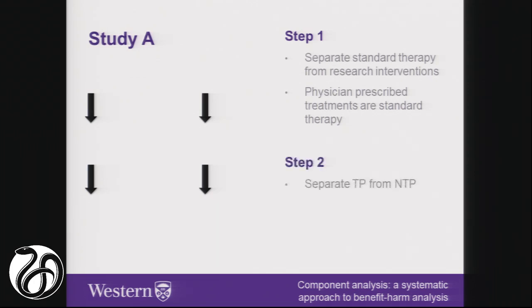That means, going into step two, the IRB is only going to be focusing on research interventions. It needs to look at these research interventions and separate therapeutic procedures from non-therapeutic procedures. It turns out in this case that's pretty easy because there are no therapeutic procedures. The IRB's sole task here is to ensure that the non-therapeutic procedures fulfill the various requirements. And in everything that I've read about this debate, nobody disagrees about this picture of study A.